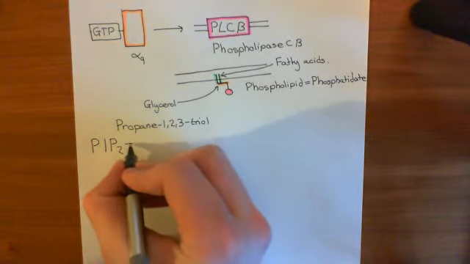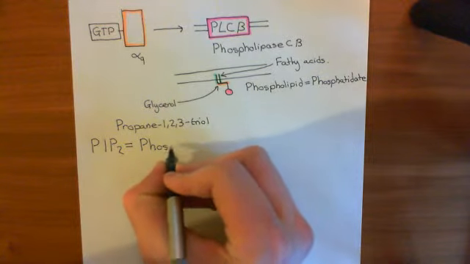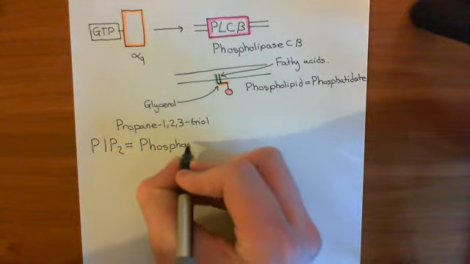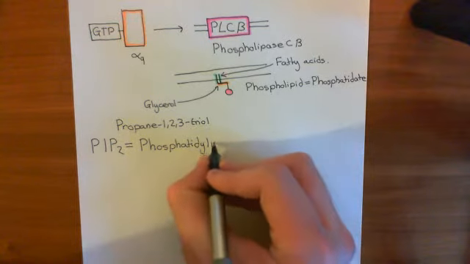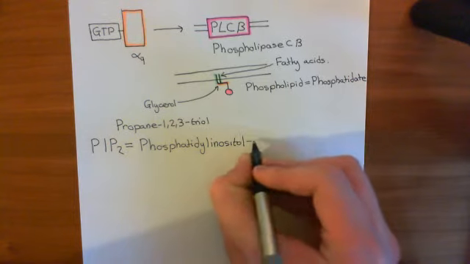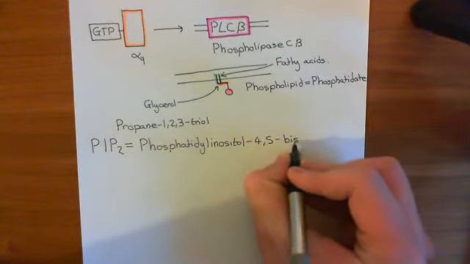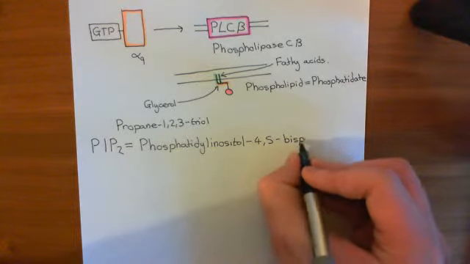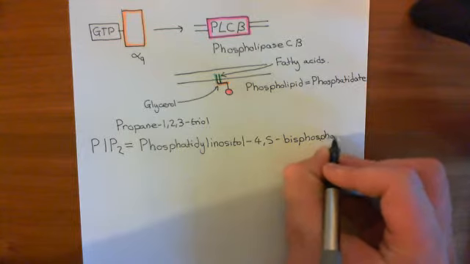What it stands for, in full, is phosphatidyl inositol 4,5-bisphosphate. Phosphatidyl is the P at the front, inositol is the I, and 4,5-bisphosphate is the P2 on the end, to denote that you have two phosphate groups sticking off of this.